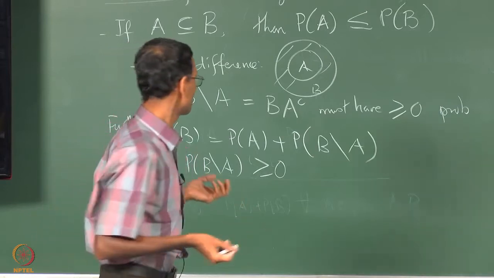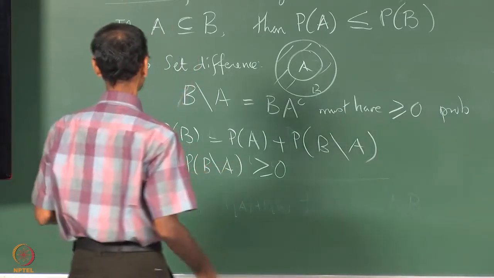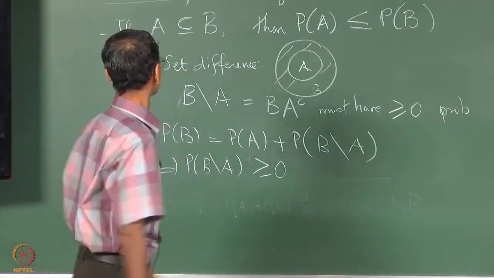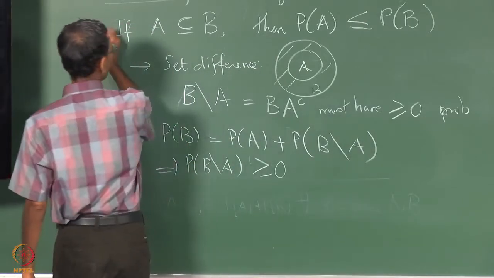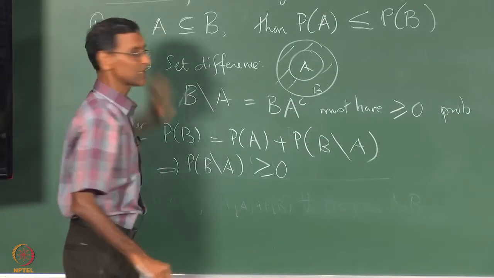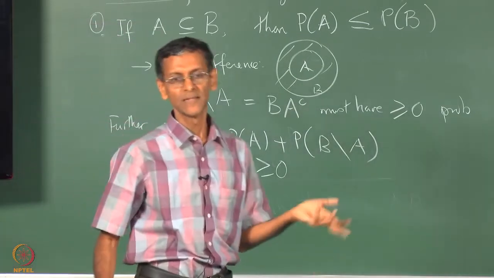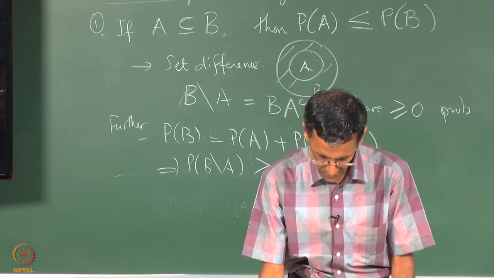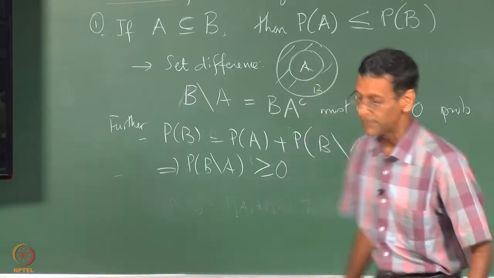So just be prepared for inequalities of this kind. Maybe we can put some numbers here. So this is the first important statement that follows from the axioms. Let us see what other things we can say.